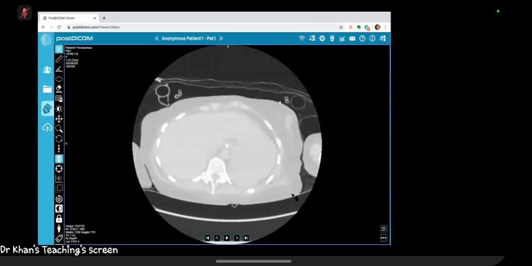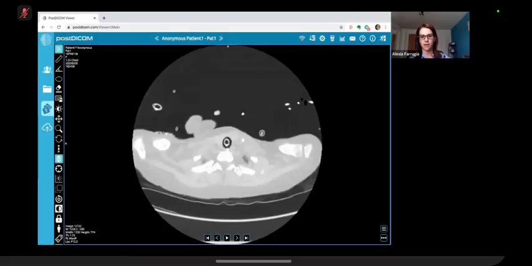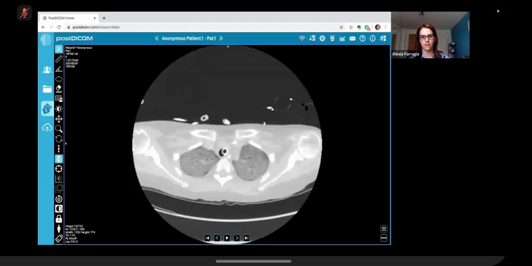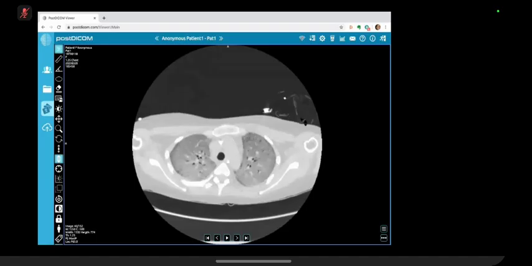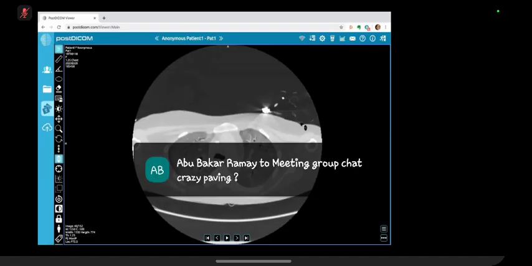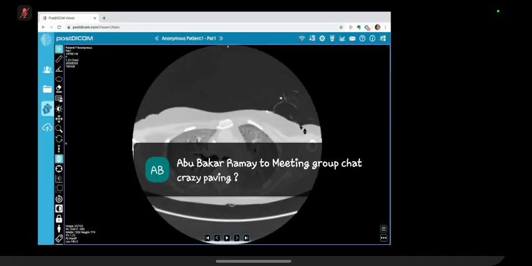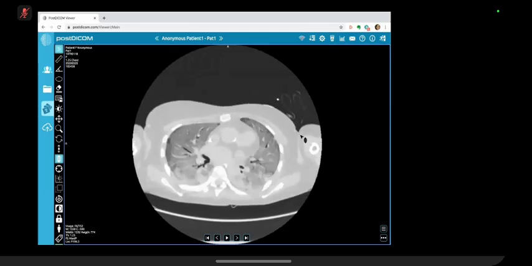Okay, so now we'll go back up and scroll again. The ET tube is in correct position. There's diffuse abnormality of both lungs with confluent ground glass opacification, probably some interseptal thickening giving a degree of crazy paving, and more dense consolidation in the bases.